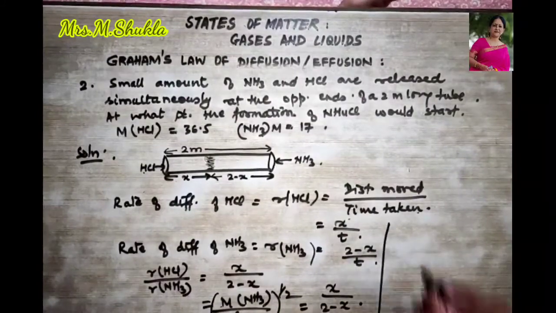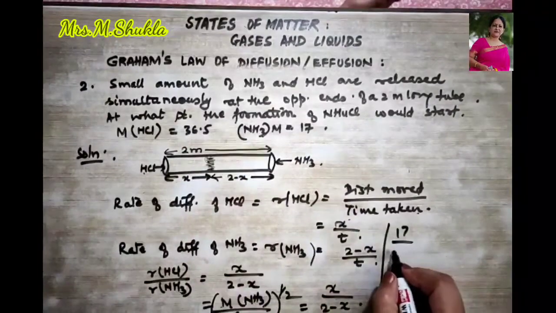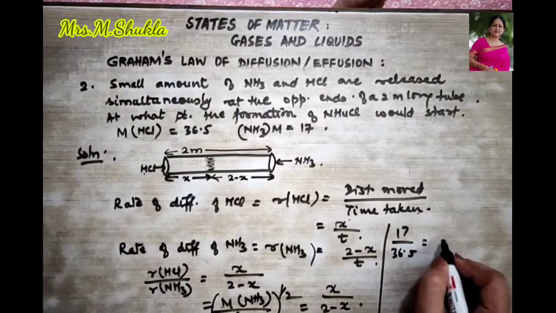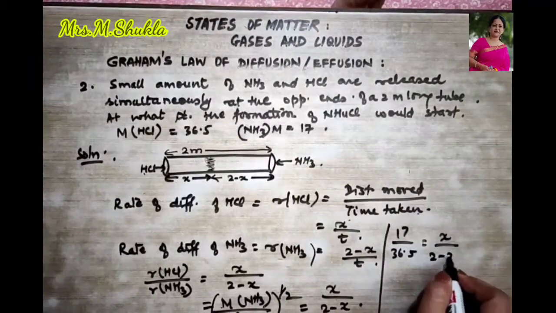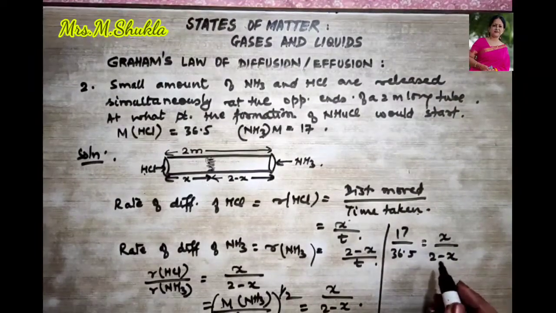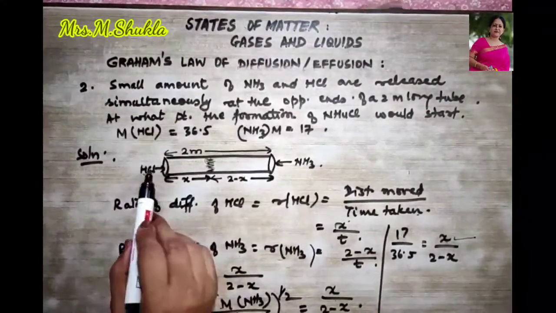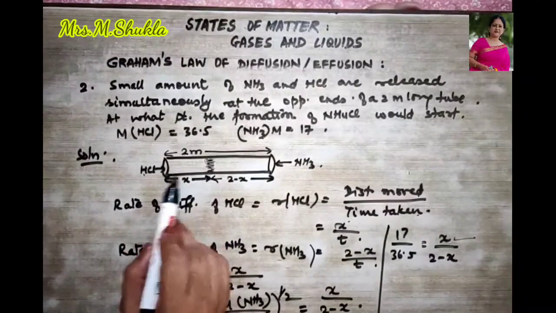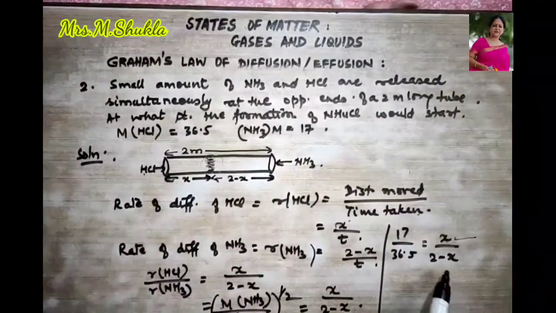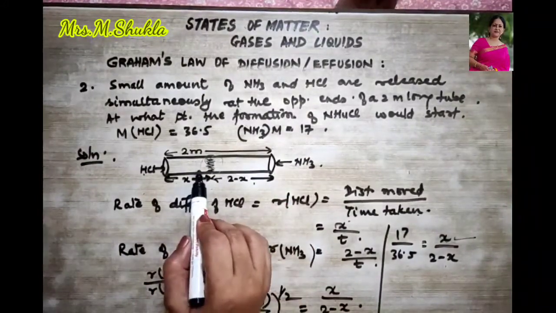I'll do it over here: 17 upon 36.5, whole to the power half, equals x upon 2 minus x. Can we solve this? Solve for x. X means the distance from HCl where the formation will be, and subtracting that x from 2, you get the distance from ammonia.